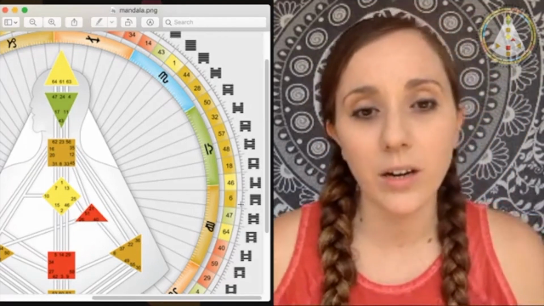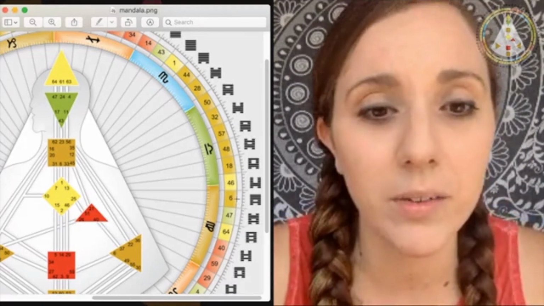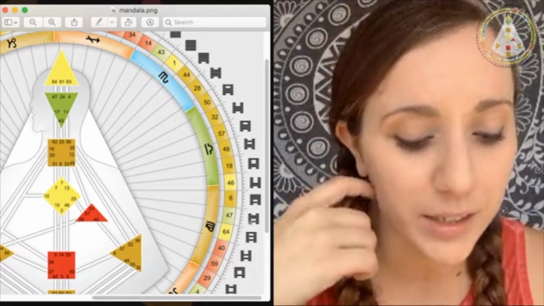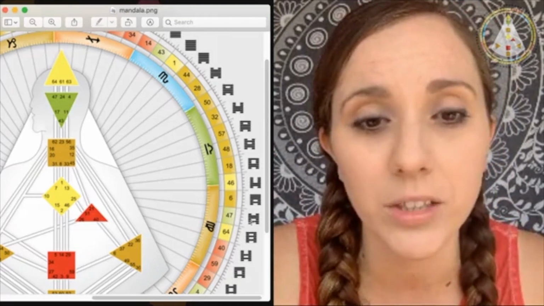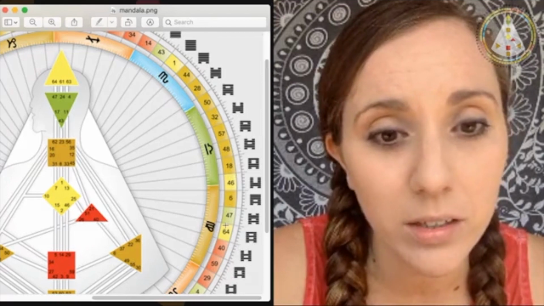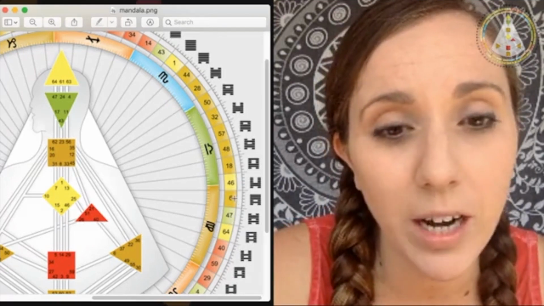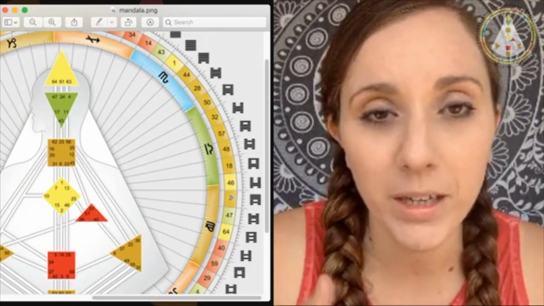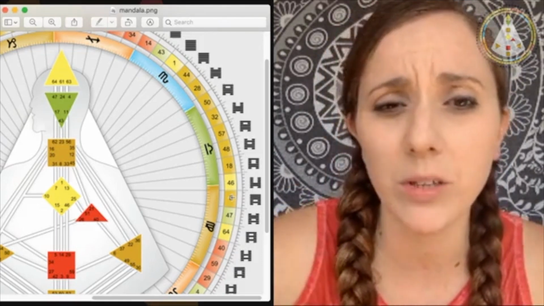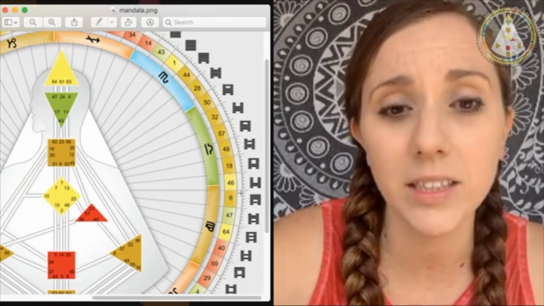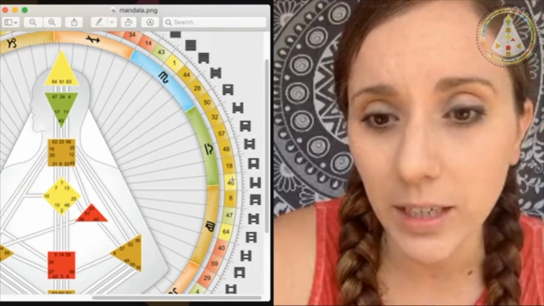So for those of you that are hopping on in the middle of this, what we're talking about is if you have a 6th line in your profile and you're contemplating it, what else can you do to deepen your contemplation? You can move counterclockwise on this wheel to see what hexagram is next, to see what foundation you're going to be laying, because you are this visionary, your teacher, you're going somewhere in the future. The future is the 6, right? And then when you get to the 6th line of the 6th hexagram, you're going to move to the 46.